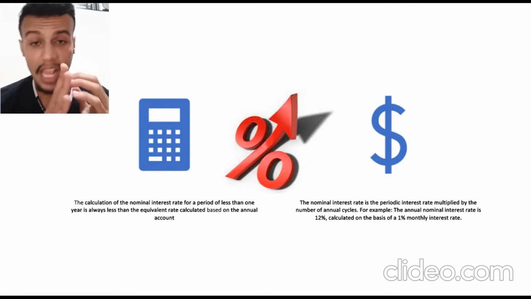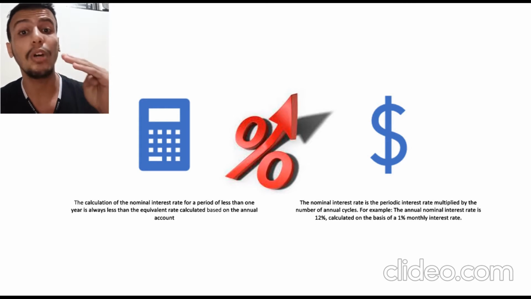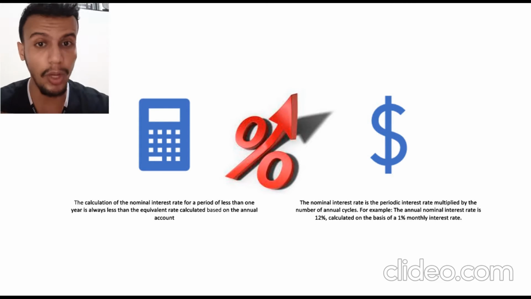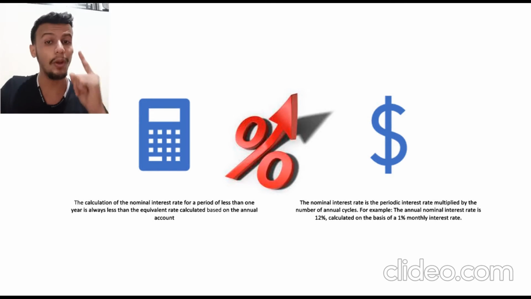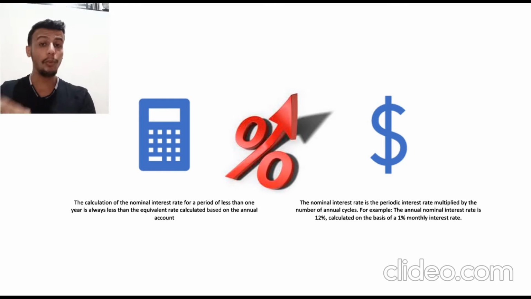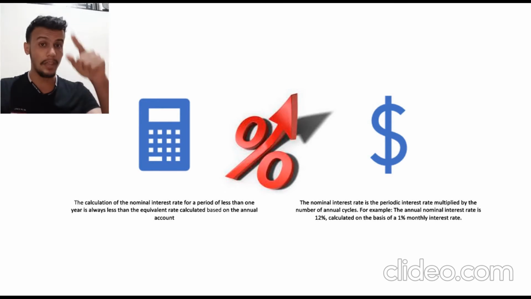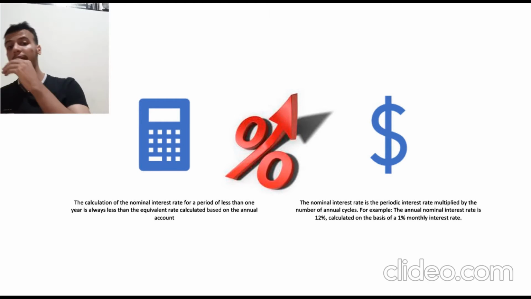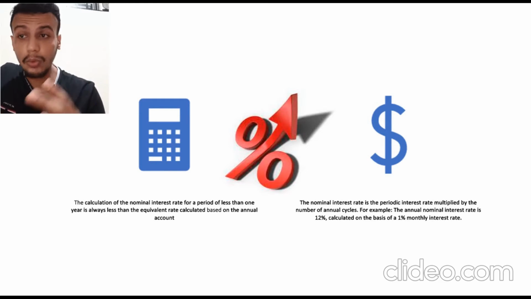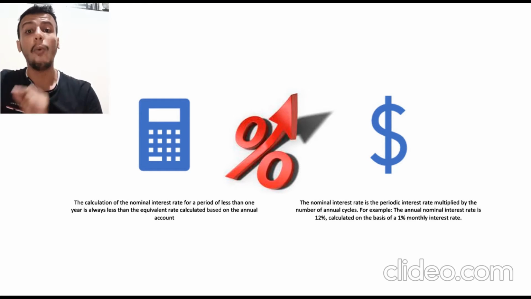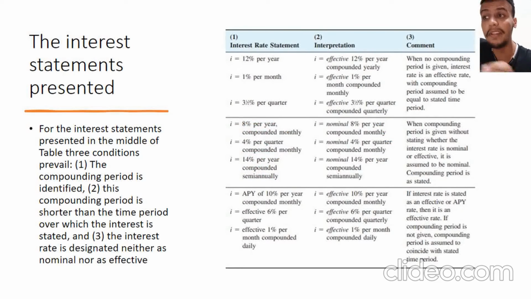If it's the equivalent for 1 year, it will be 12%. For 1 month it will be 1%, because we divide 12 by 12 months, so it will be 1% per month.